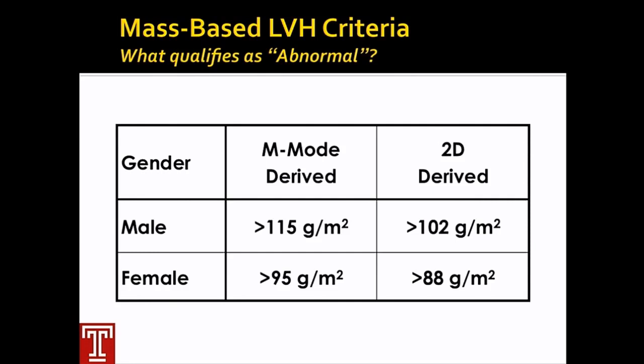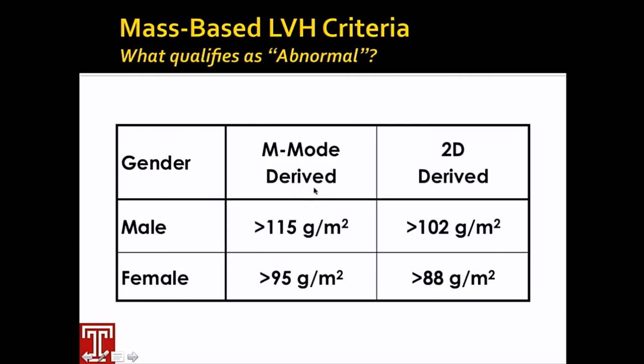So in terms of mass-based LVH criteria, we tend to talk about indexed LV masses only. This is something where indexing has really taken a grip. So you need to know these mass-based LVH criteria. For male or female, there are gender-specific cut points of what counts as abnormal elevation in mass.